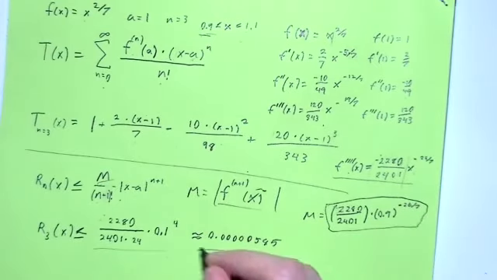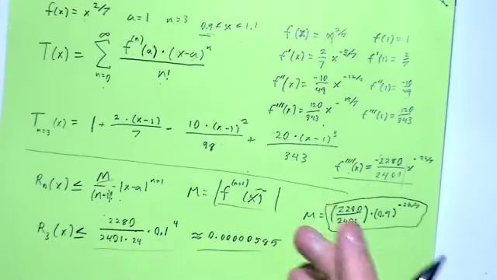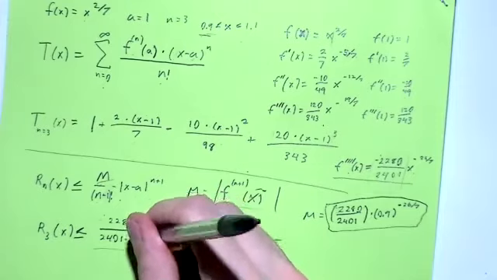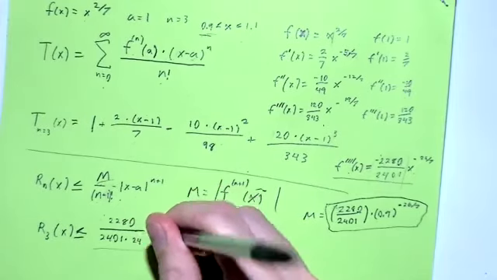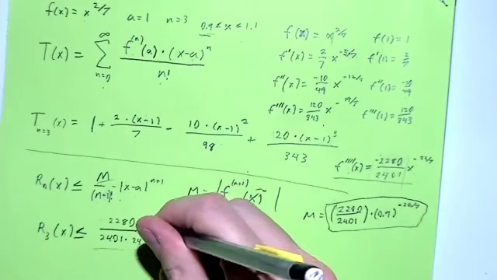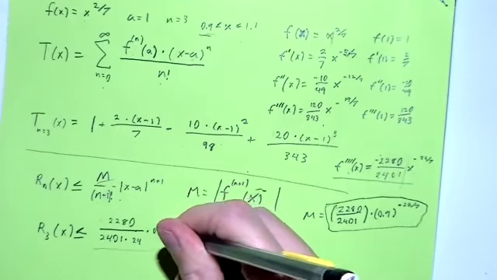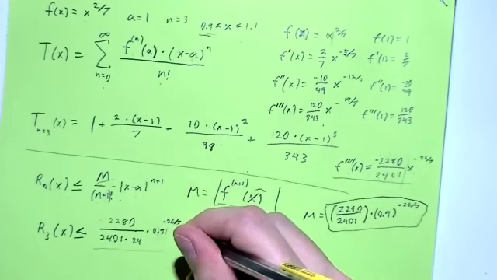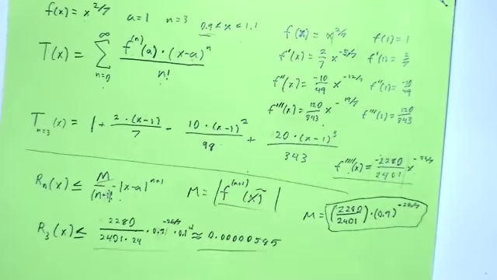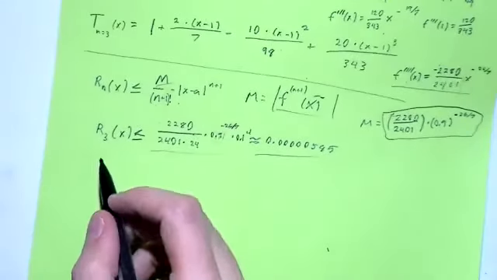Yeah, so this is still the correct answer for these numbers. I just was rushing without realizing it. So this would be slightly different. The times are 0.9, and then times 0.1 to the fourth. So that whole thing, and that gives us our error.